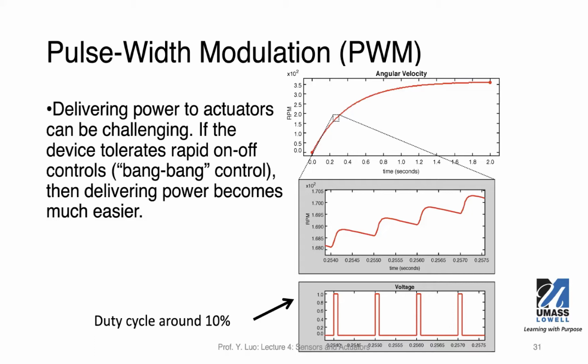This kind of control is useful for devices that can tolerate rapid on and off. LED is such an example. The other example is the motor. A DC motor is another good example that can tolerate rapid on and off.